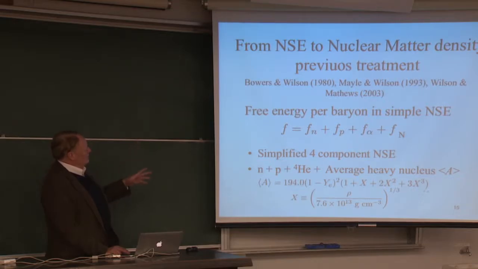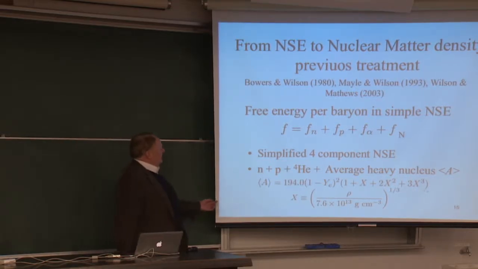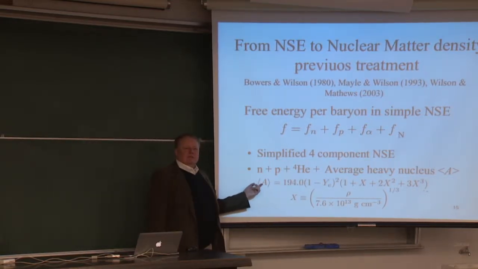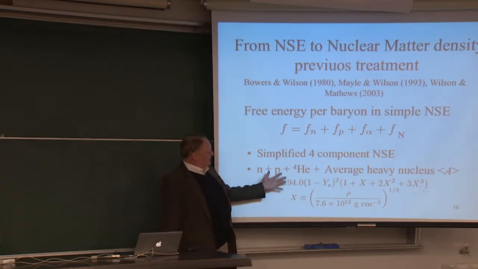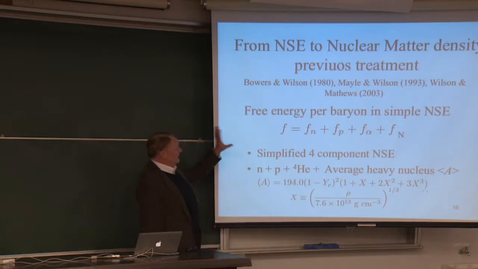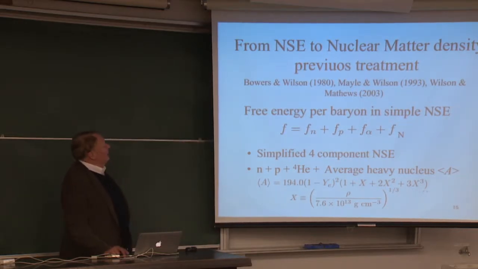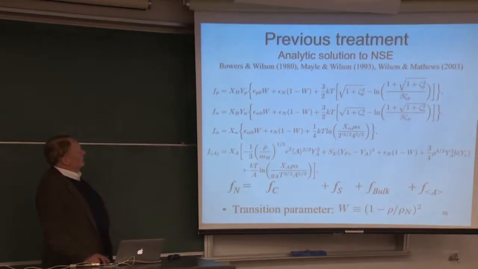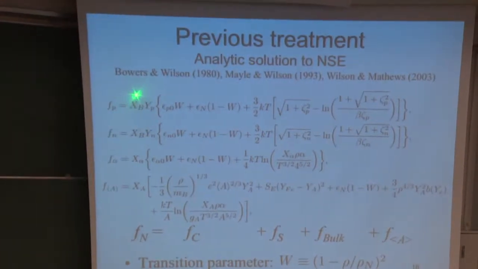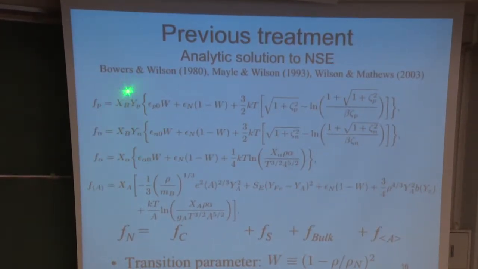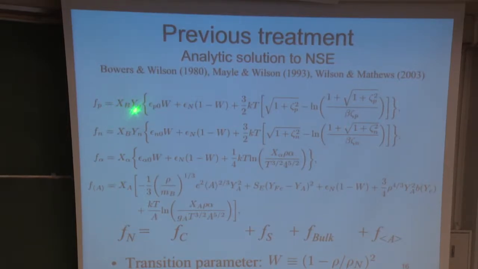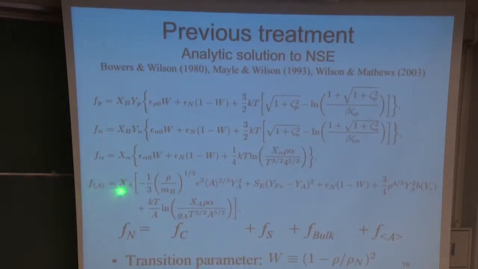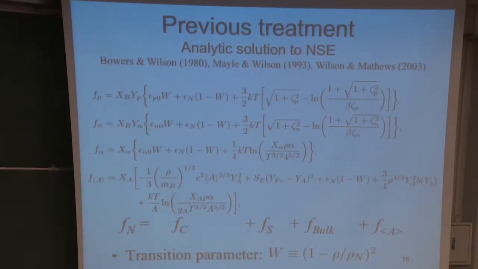So this just shows you kind of how that's done. An average heavy nucleus comes from a kind of Thomas Fermi calculation. There's an analytic solution to that. That's the way we used to do it. This is a little technical, but basically the nuclear statistical equilibrium gives us an analytic solution for the mass fraction in baryons and protons, neutrons, alphas, and this heavy nucleus.